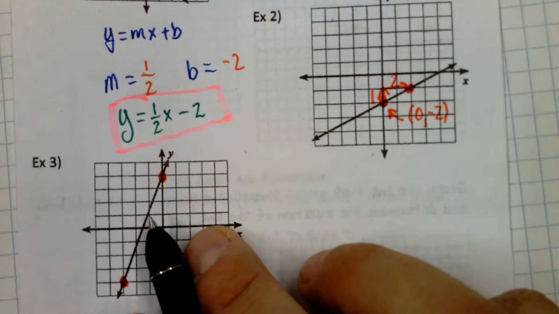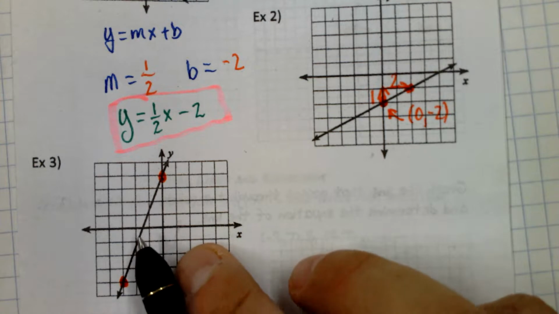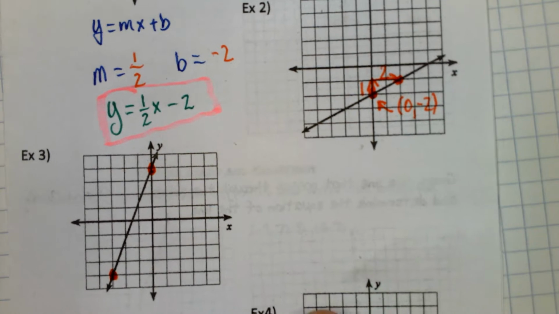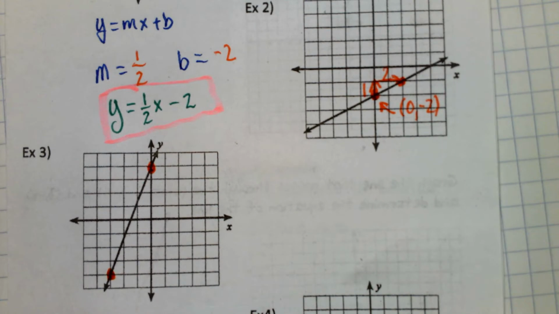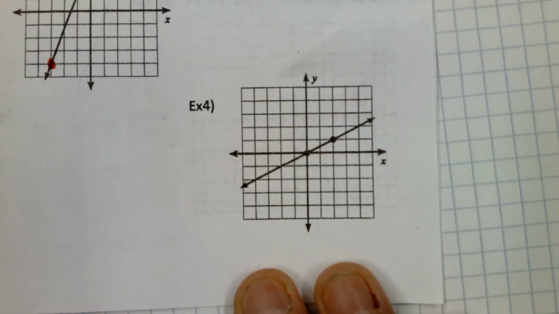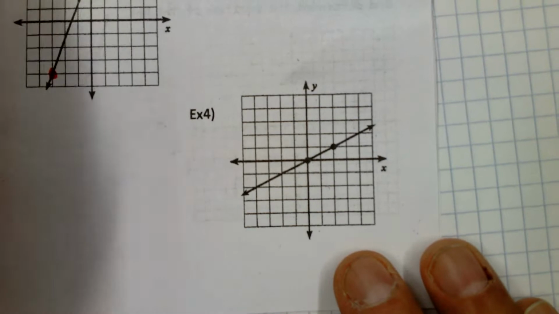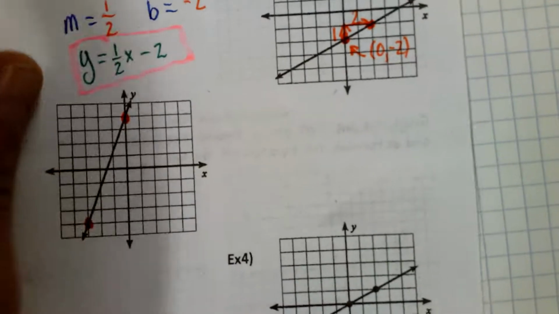The other ones are close, like that one's close, but it's not. This one's close, but it's not. So here and here. So starting with those 2 points, figure out the y-intercept, figure out the slope, and then write the equation. And then for number 4, you can use the ones they give you, okay? So I'll let you work on that with your partner. Talk it out, figure it out. Make sure you both agree.